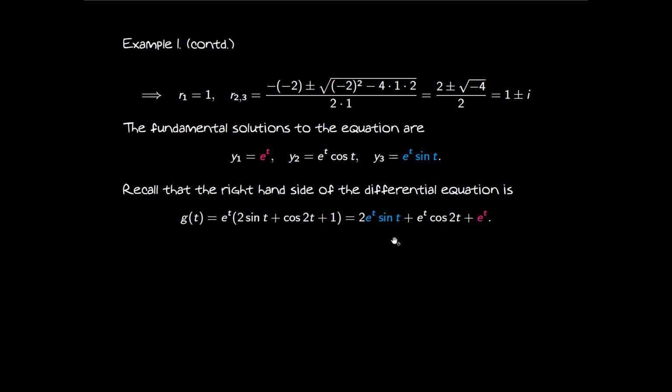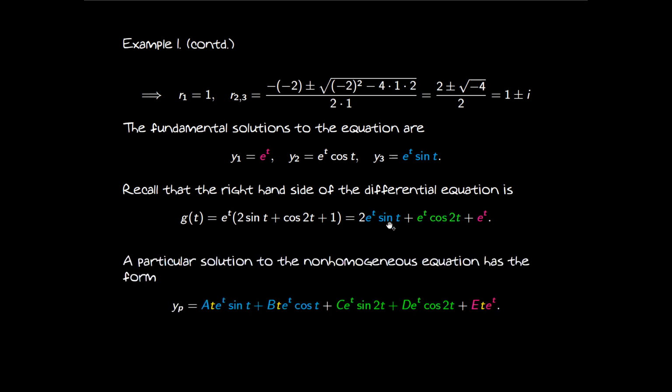And in this case, we have to use extra t's. So basically, to address the first term, we have to use both sine and cosine. So you get e to the t sine, e to the t cosine. And once again, because e to the t cosine and e to the t sine are fundamental solutions, we need to use some extra t here. So we need these two terms to address the first term.